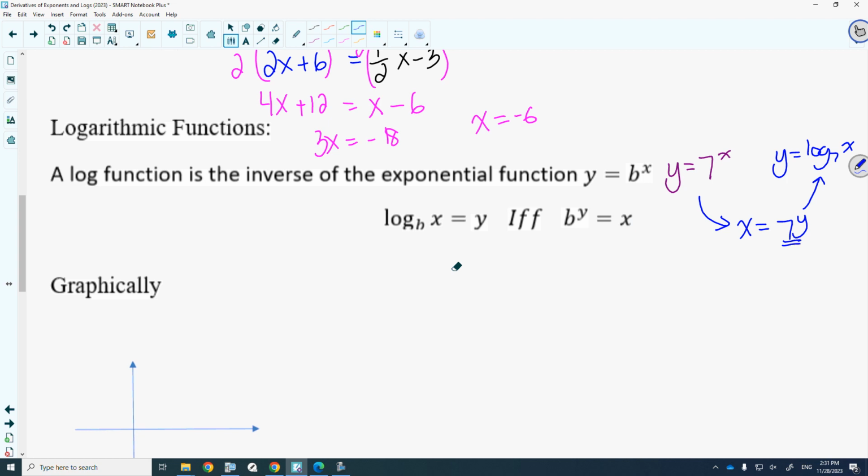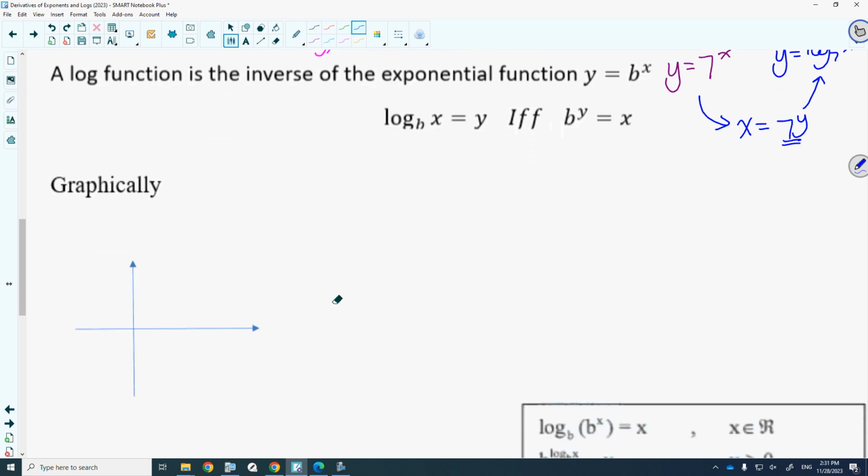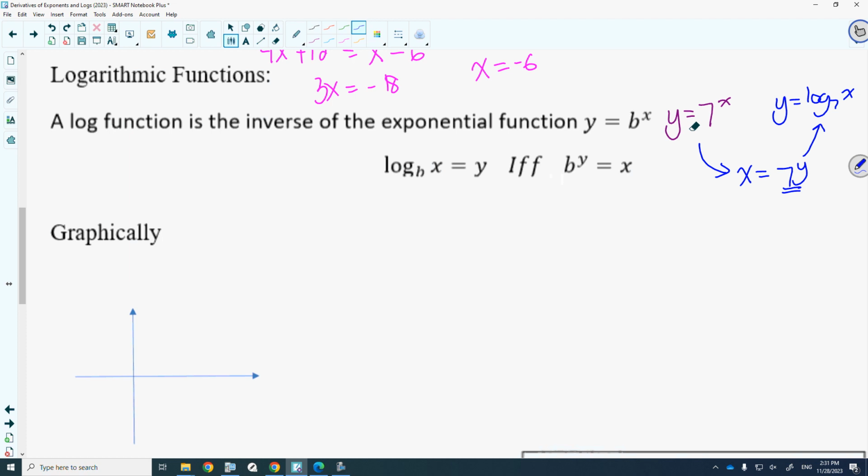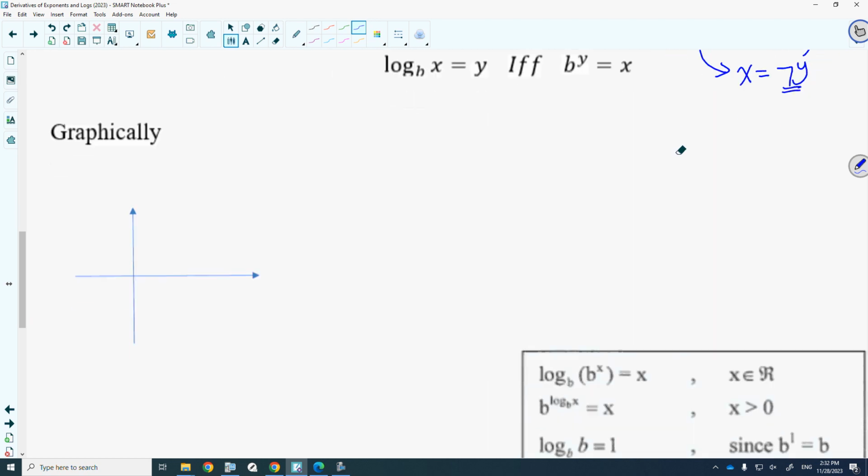So graphically, what does this look like? If I said I want you to graph y is equal to 7 to the power of x or 2 to the power of x, let's just graph a base greater than 1. Let's graph an exponential function with a base greater than 1. So we would have a y-intercept of 1, and this would be my exponential function.